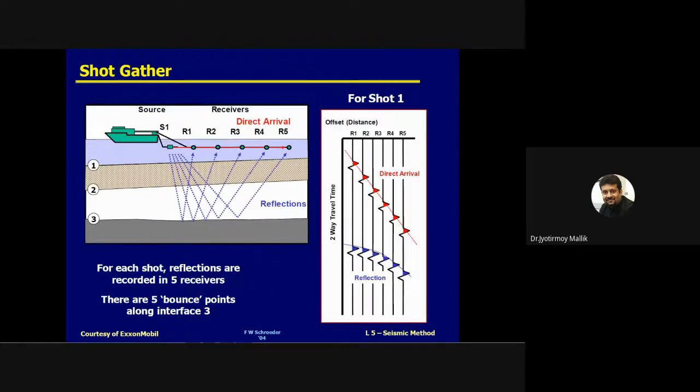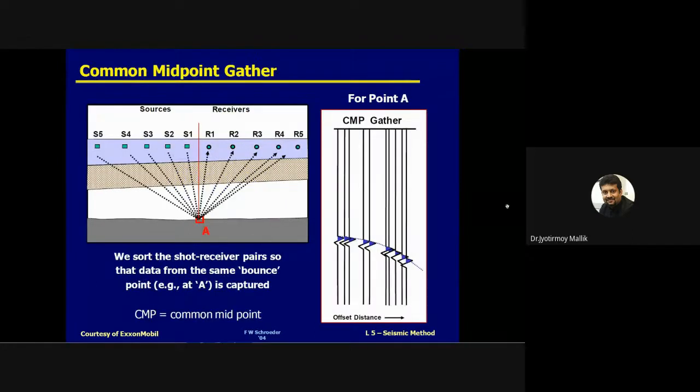If I am simply using one source and receiver, the data that I receive might not be strong enough. That might be full of noise. But instead of using one pair to image a single point, with several source and receiver pairs I will be able to create a strong signal.